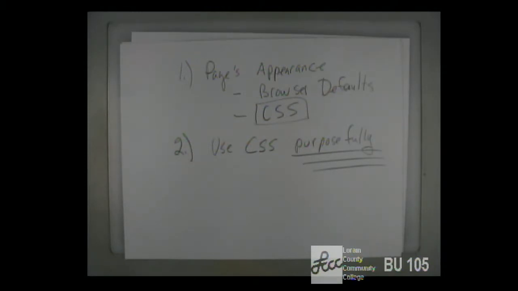We may make it in red font, for example. That will cause it to stand out from the normal text on the page. And we will gradually educate our users, if we're consistent, that if they see something that looks like that, that means something. All right? So what you don't want to do is just randomly apply CSS just because you can.